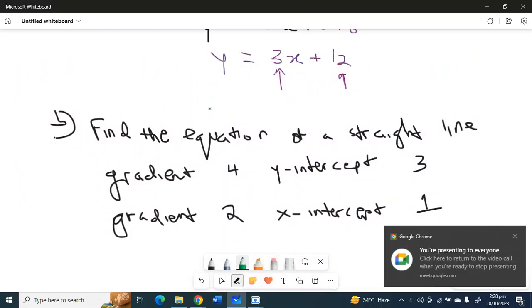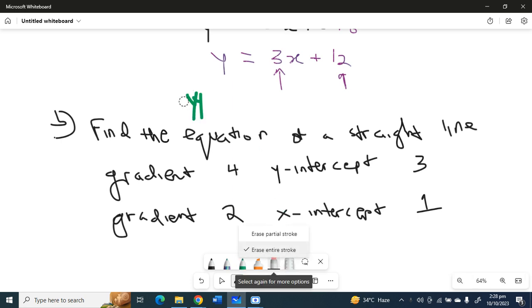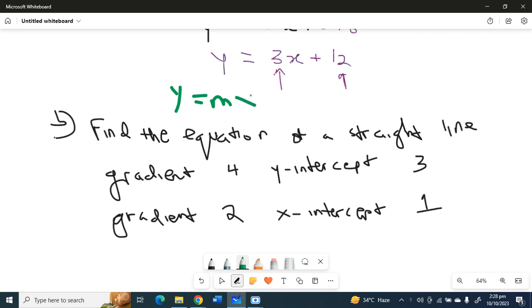As you remember, the equation of a line is y equals mx plus c. m represents the gradient, c represents the y-intercept, and x represents the x-intercept.